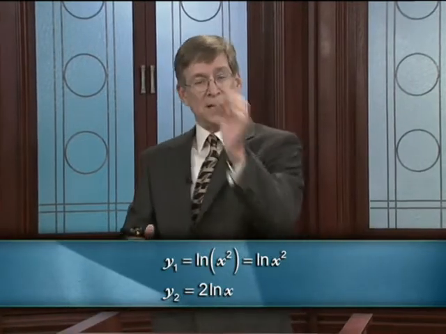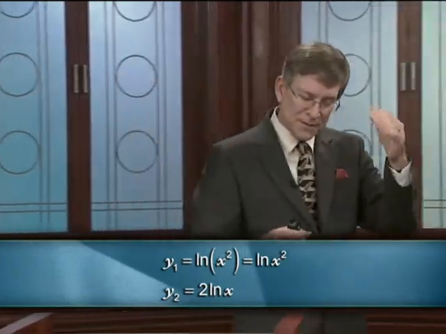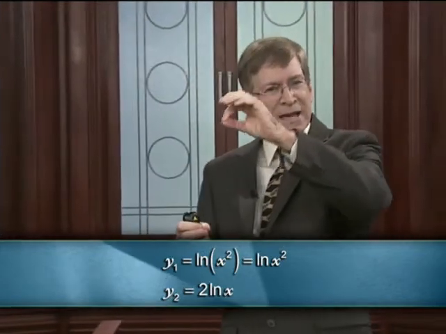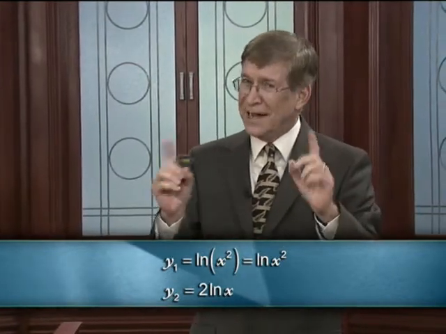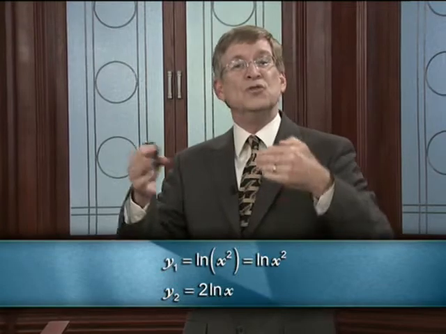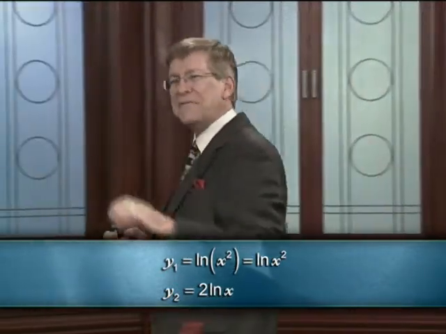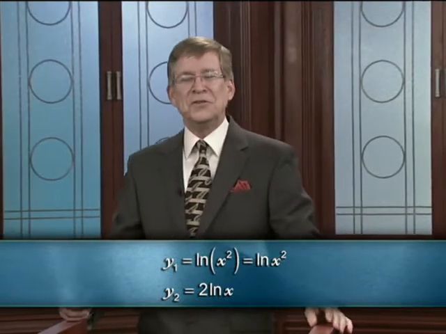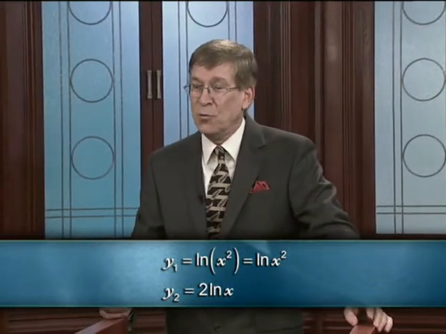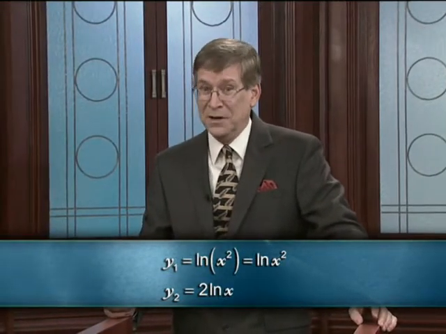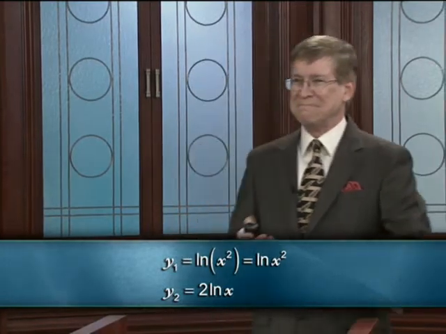So that property that I mentioned a few minutes ago about moving the exponent down into the front, you have to be careful because sometimes you change the domain of the problem. So try graphing these two on your calculator. You'll see that the graphs coincide when x is positive, but not when x is negative.